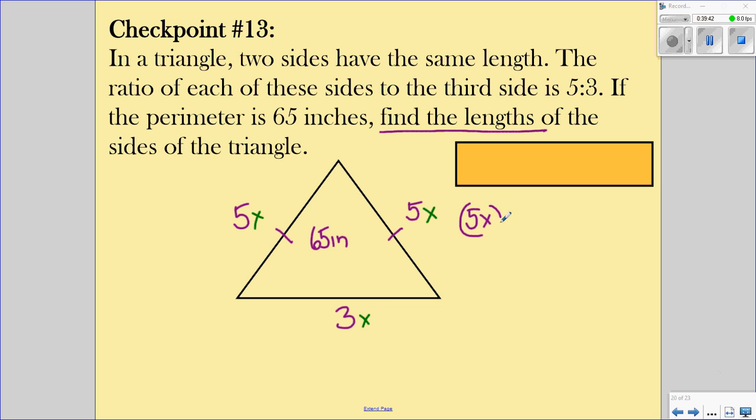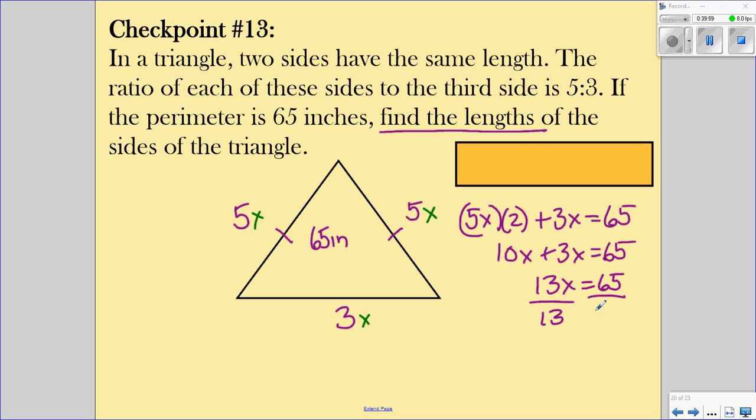Since there's 2 of them, I'm just going to put times 2 plus 3x equals 65. 10x plus 3x equals 65. Then I get 13x equals 65. Divide by 13. 65 divided by 13 gives us 5 for x.